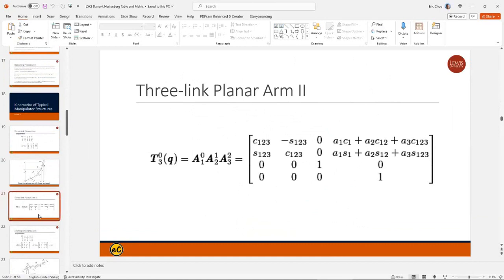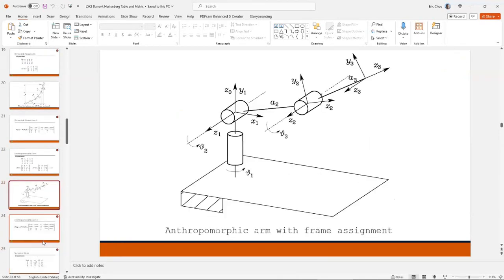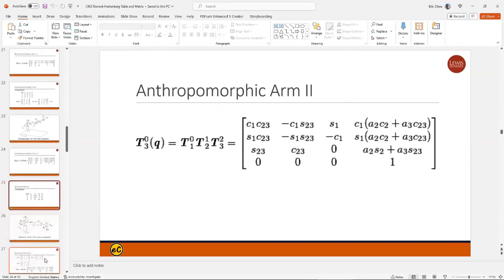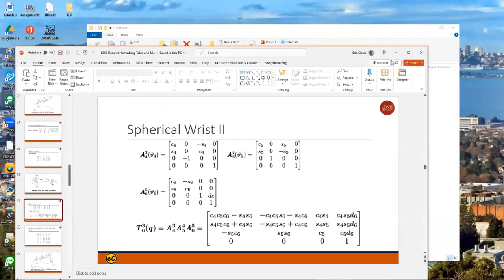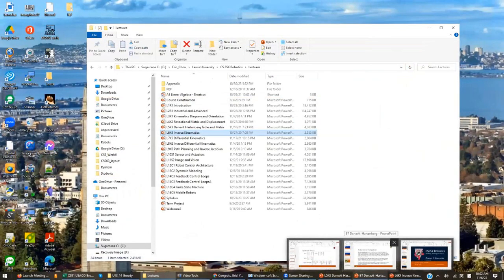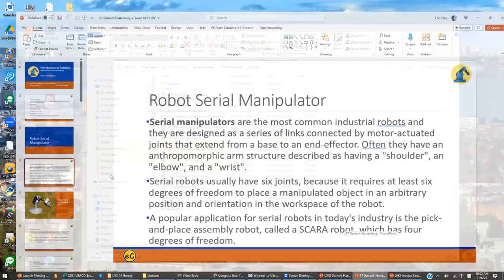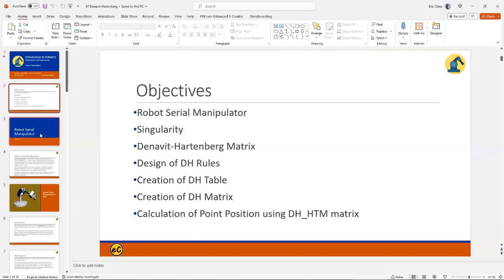These different parameters' purpose is to generate the matrix for the homogeneous transform matrix. So let's look at the easier set, the simplified version of Denavit-Hartenberg.